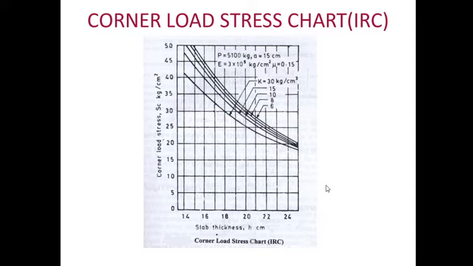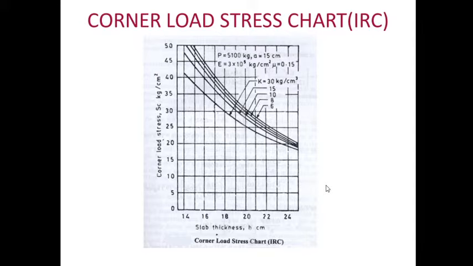Using the chart, only a limited range of K is available. You can use this chart for K from 6 up to 30 kg per centimeter cube. If in our design K is less than 6 or greater than 30, we cannot use this chart. In that case, we can use the formula for design of the rigid pavement.